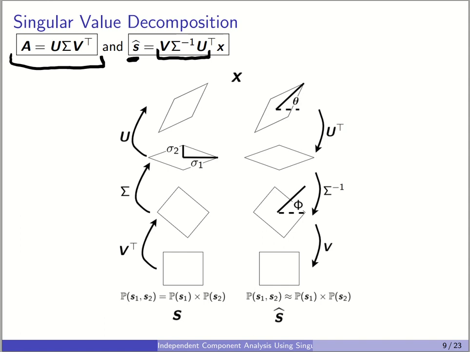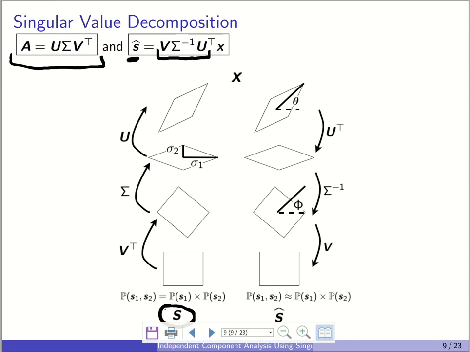What is the interpretation of this SVD and this S hat equals V sigma inverse U transpose X? We are showing the interpretation in this figure. The figure starts from here.